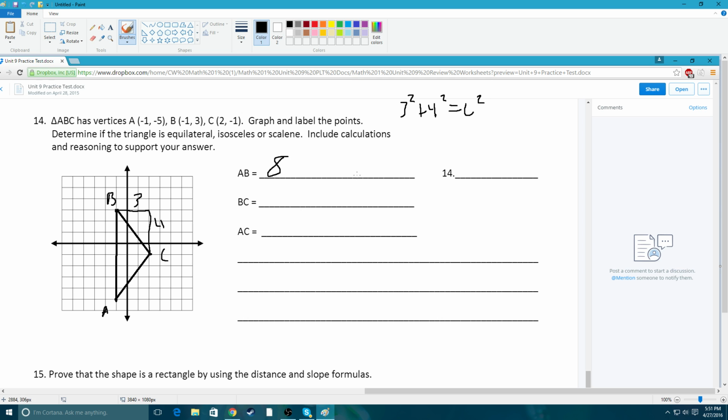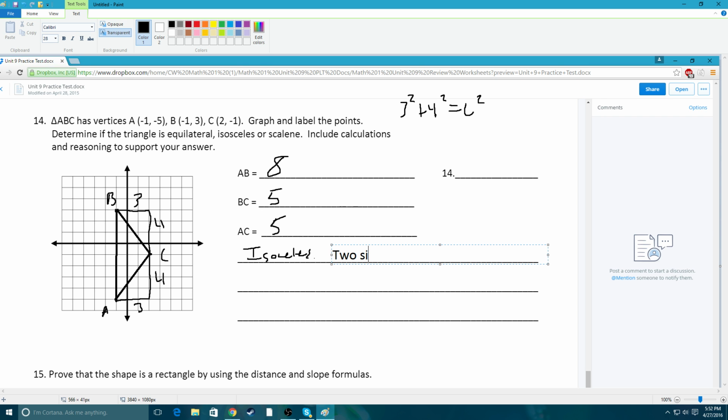And we've done this problem enough to know that C is equal to 5. And we look at AC. This has a side length of 3, height of 4. Same thing as the other one, so that's 5. So it is an isosceles triangle. Furthermore, you could say two sides are equal by the Pythagorean theorem.